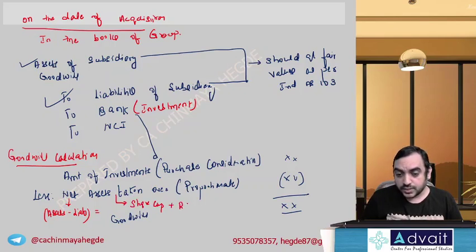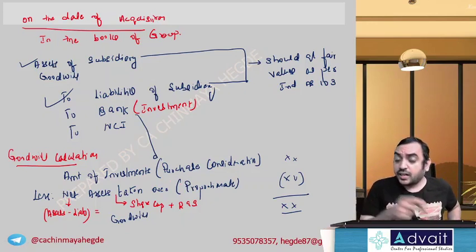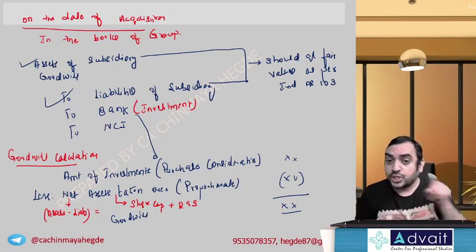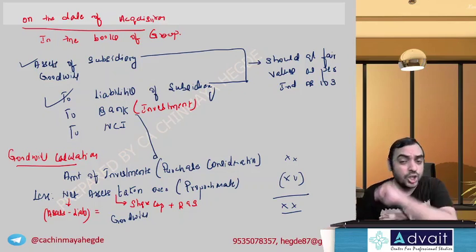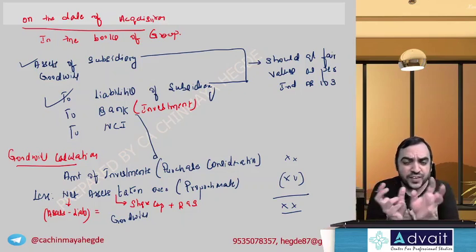plus reserves and surplus. Now, one small issue here. These assets are at fair value in the books taken over, and liabilities are at fair value. But when you do share capital, reserves and surplus, don't you think it is book value? So a small difference will come.